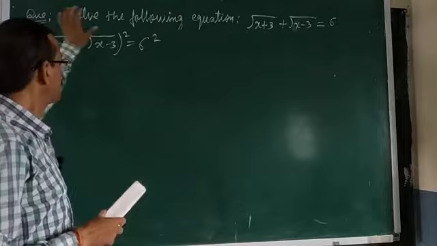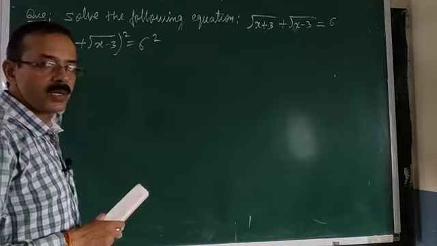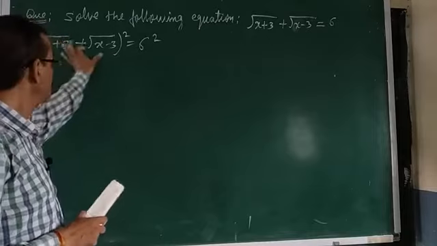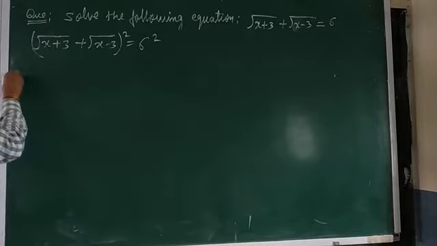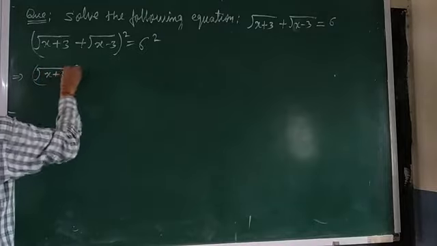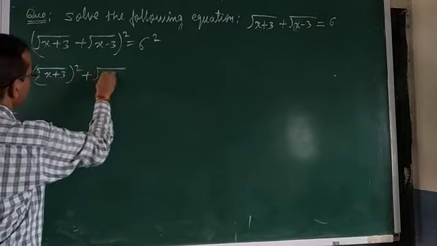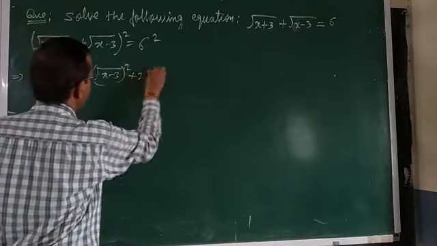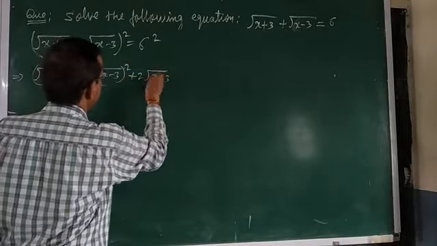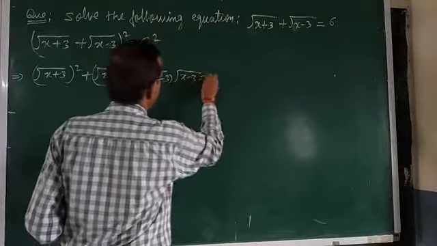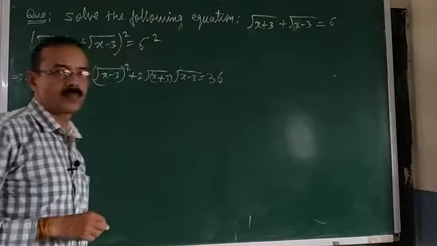Square of root will be the same number. So we can write under root x plus 3 whole square plus under root x minus 3 whole square plus 2 under root x plus 3 and under root x minus 3 equal to 36.